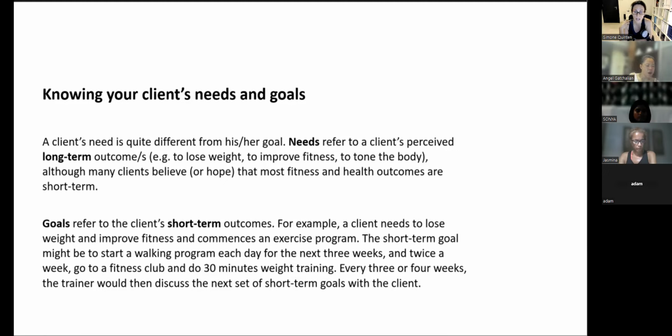Okay, and number one, when you do this, you also don't want to be too over enthusiastic in order to tell them, okay, they might need to lose 20 kilos. Okay, and again, that is a need, that is a long-term thing they have to do. But then in order to reach there, you go and split this up, okay?